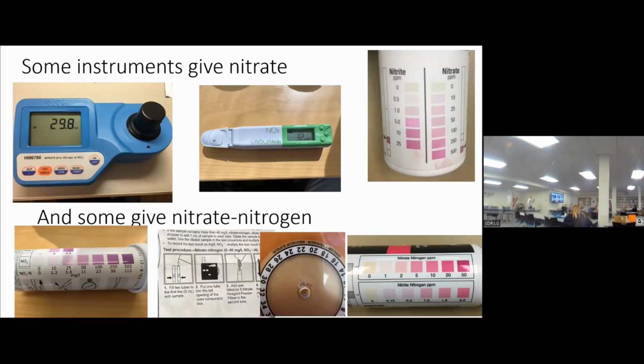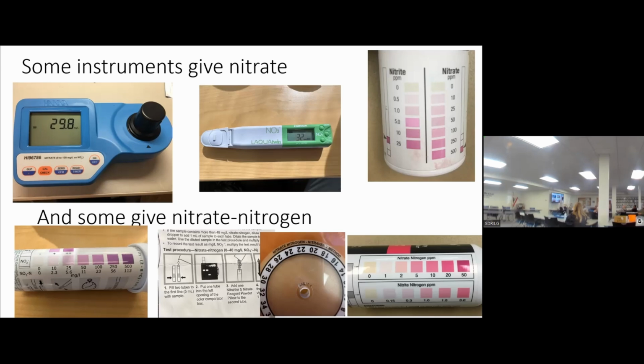Notice that you can buy instruments, and now we'll play with those instruments. And some will tell you, check this out, mg/L, milligram per liter as NO3. So this is nitrate, this is the whole chicken. This also says NO3, ppm NO3.